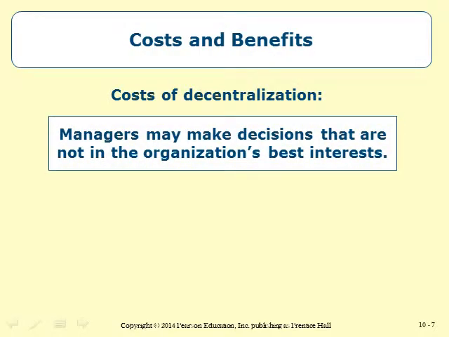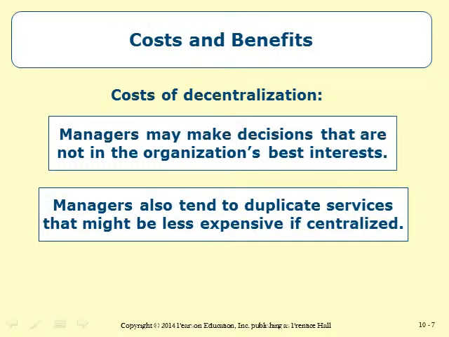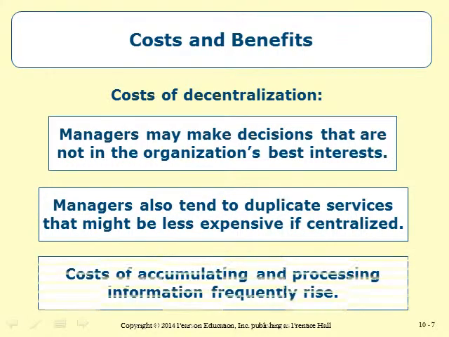So then we talk about some of the costs of decentralization. Local managers may make decisions that are not in the organization's best interest, either because they act to improve their own segment's performance at the expense of the organization, or because they don't fully understand the effects of their decision on other segments and the organization as a whole. Innovative ideas to improve performance are less likely to be shared across units in a decentralized organization.